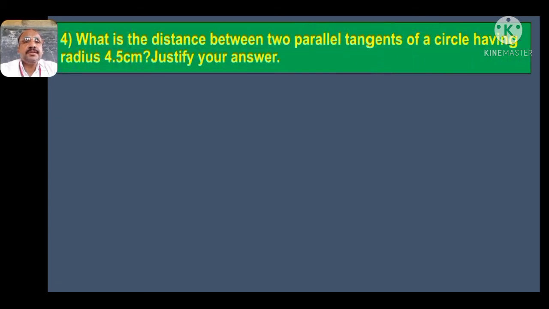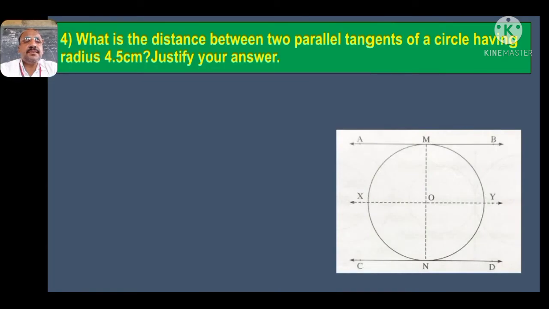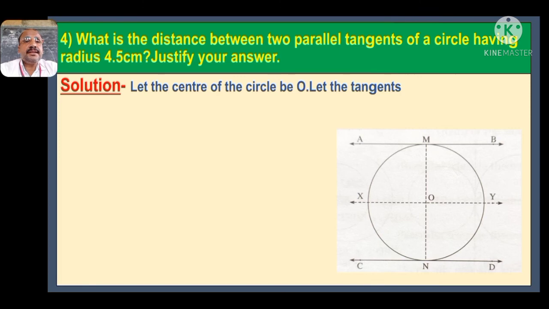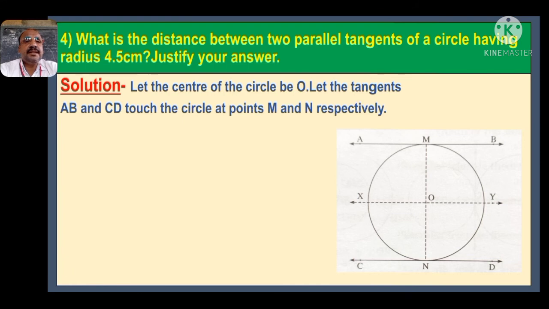Now, fourth one, what is the distance between two parallel tangents of a circle having radius 4.5 cm? Justify your answer. Now, here we draw the figure according to the question. Let the center of the circle be O. Let the tangents AB and CD touch the circle at points M and N respectively.